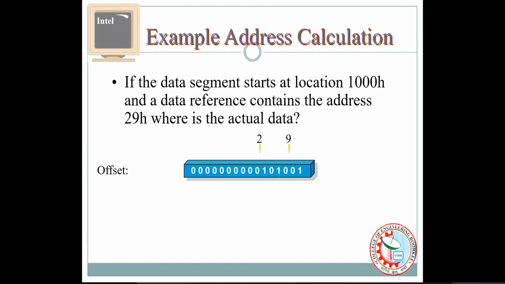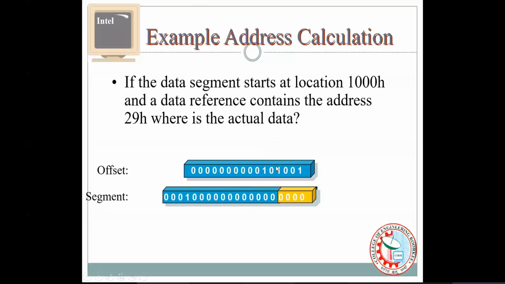Okay, look at the solution we have. The data reference given to you is actually the offset. 29H is actually 0029. If you open it up in binary form, you will get something like this.